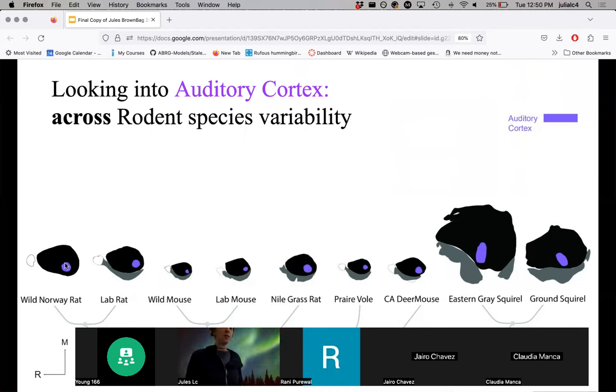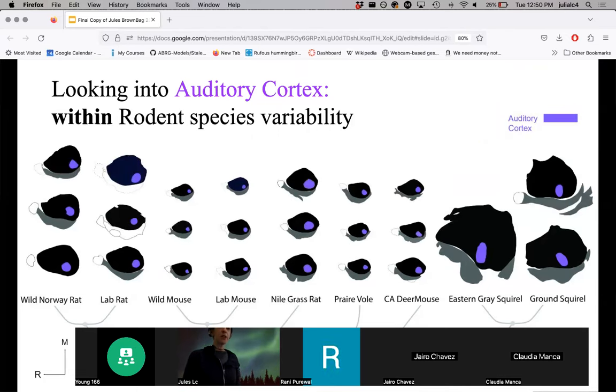So how much does this purple region stay the same across species? That gives us a measure of how evolutionarily conserved it is versus the variability across species, which gives us a measure of how much plasticity there is. And we can also look within each rodent species category and again look at the variability versus homology. So how much can this auditory cortex change between individuals of a certain species?